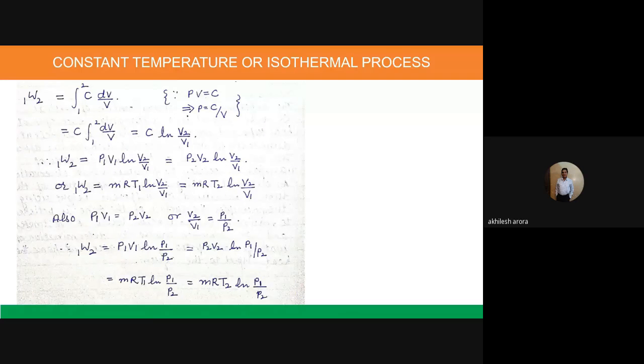And for this particular case, this is the formula for the work transfer: W1-2 is P1V1 ln(P1 by P2), which is also equal to mRT1 ln(V2 by V1). So all these are the relationships for the constant temperature process.